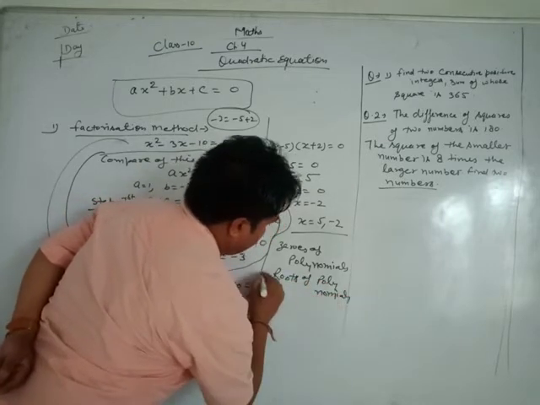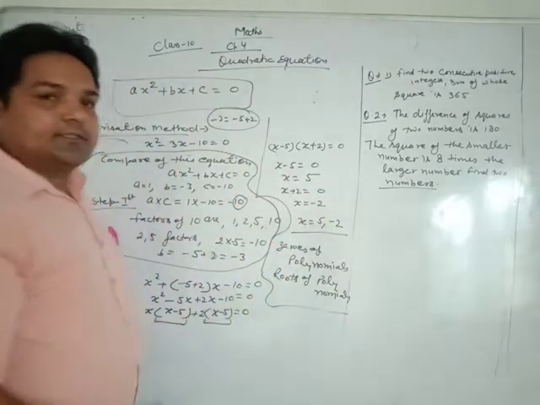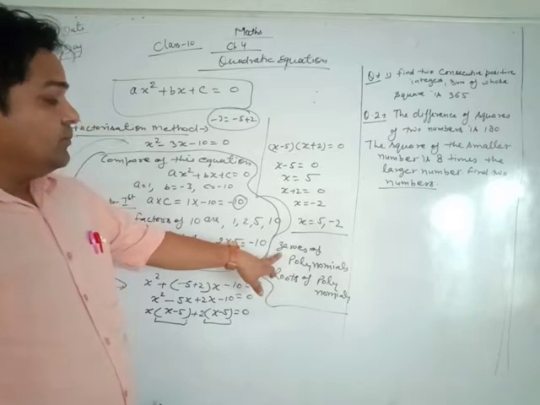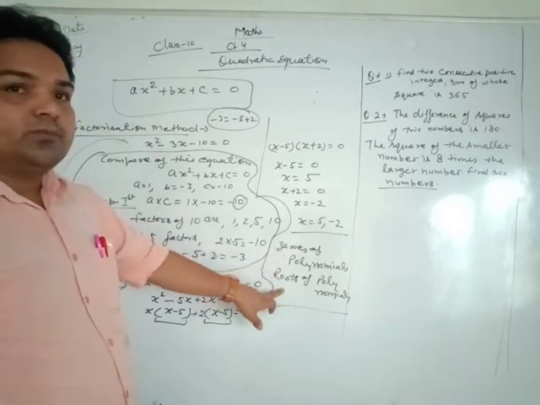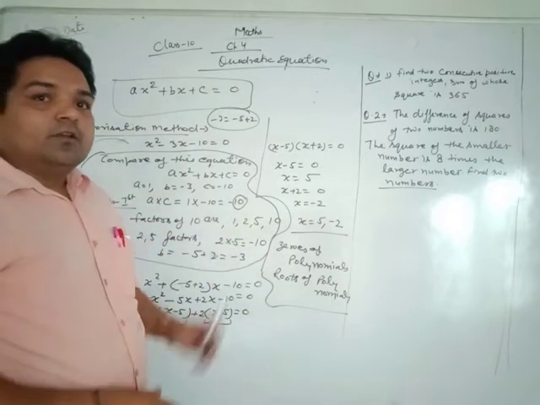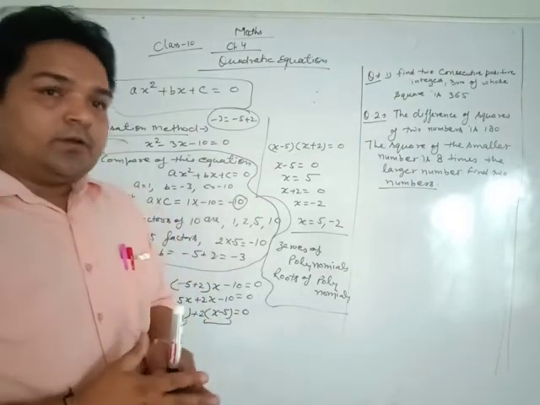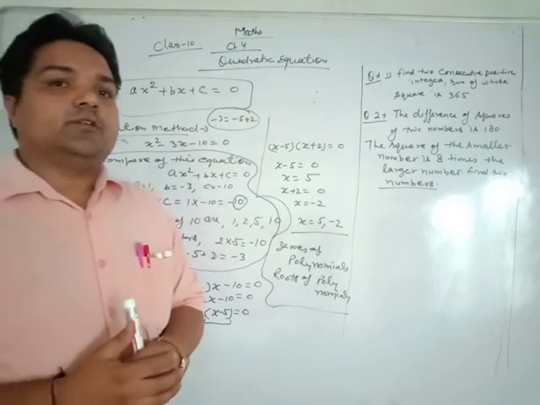Both are equal, that is, the value of x in this quadratic equation, or you can say zeros of polynomials, roots of polynomials. Clear? So this is the first method of solving the quadratic equation.